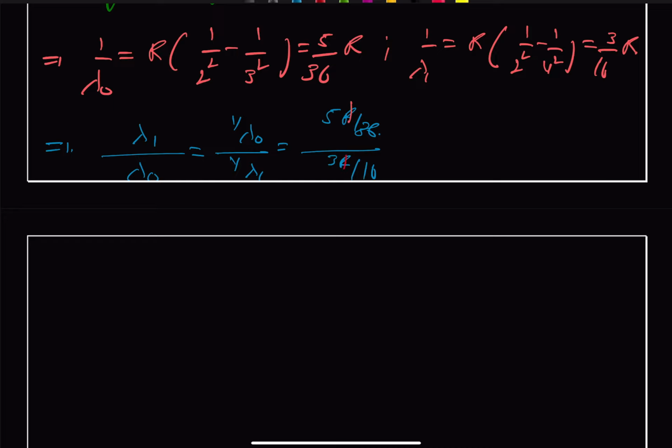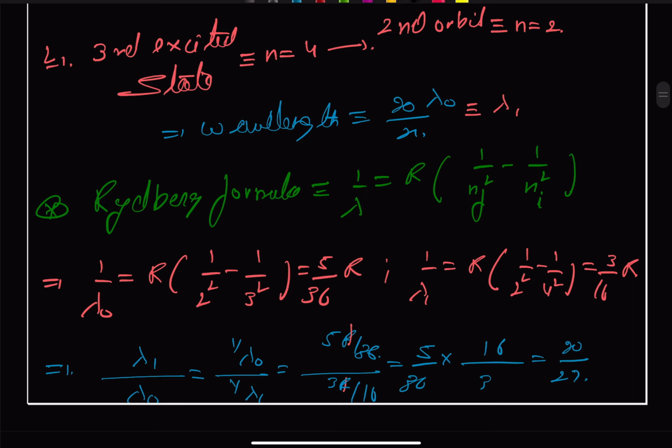Now this comes as 5 upon 36 multiplied by 16 upon 3. This gives us 20 upon 27. But we are given, or rather we can say we assumed, that our lambda 1 is 20 lambda naught by x.